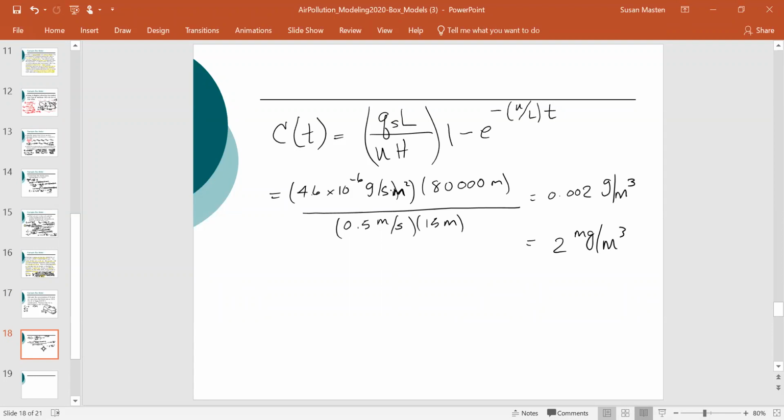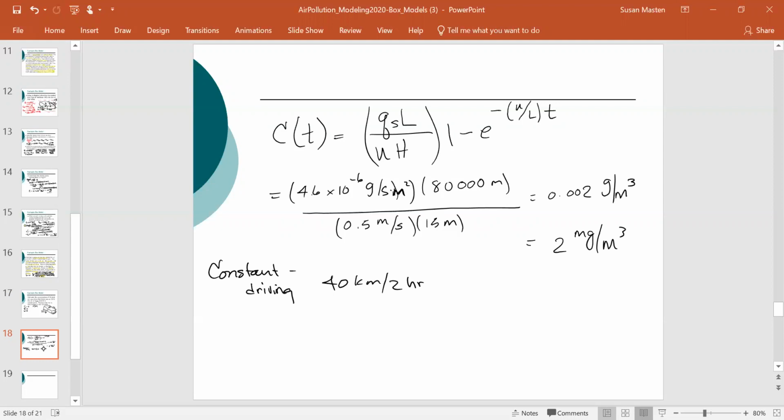So that would be the concentration in this cell that I've defined with 250,000 cars on the road driving within those 2 hours. We're assuming that it's constant within the 2 hours. Just thinking back, we said it was 40 kilometers.